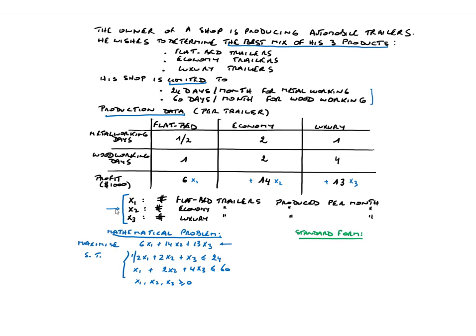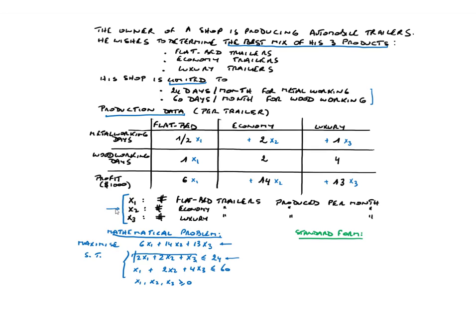And it will simply be a half times x1 plus 2 times x2 plus 1 times x3, right? So this is what you see over here, and this has to be limited by 24. So this gives you the following constraint, and you have something similar for woodworking days.